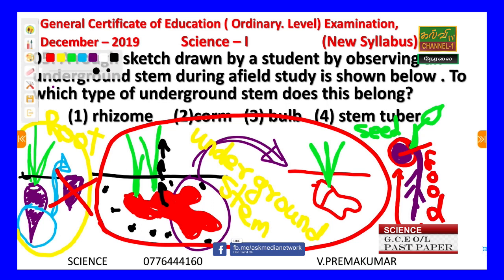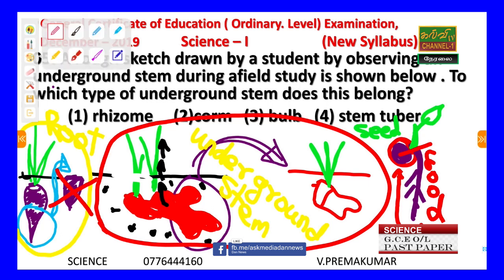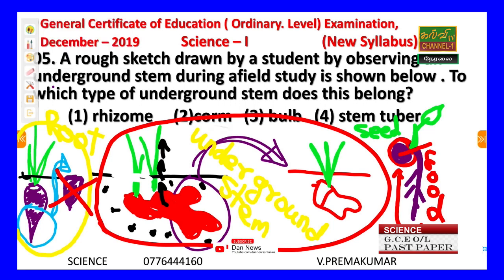Another feature we have to find out. What is the other feature? The underground stem can survive in unsuitable climate.